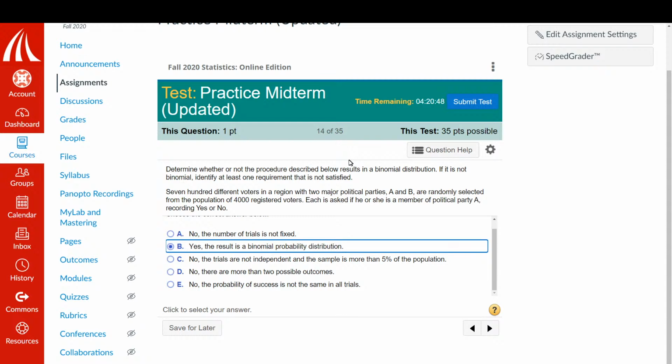And again, I could pull up the definition of binomial probability distributions if you need to, but it outlines it here. The number of trials are fixed. The trials are independent of each other, and the sample is not more than 5% of the population.